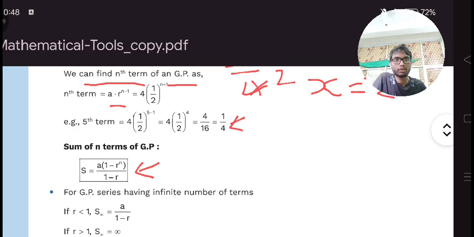You can see the difference between this and the nth term formula, a times r raised to n minus 1. This is the formula to calculate the sum of n terms of a GP.